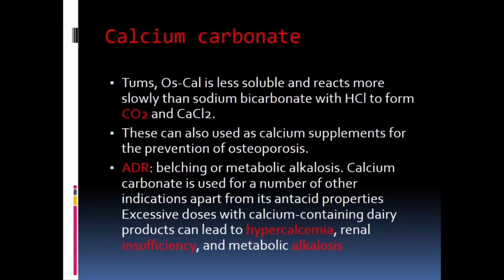Adverse effects due to production of carbon dioxide include gastric distension as well as belching, and it is again a chloride type. So metabolic alkalosis is the common problem that will arise with the antacid preparation.